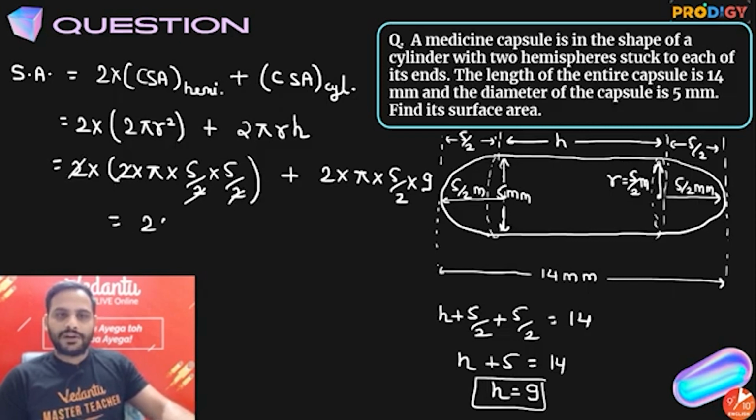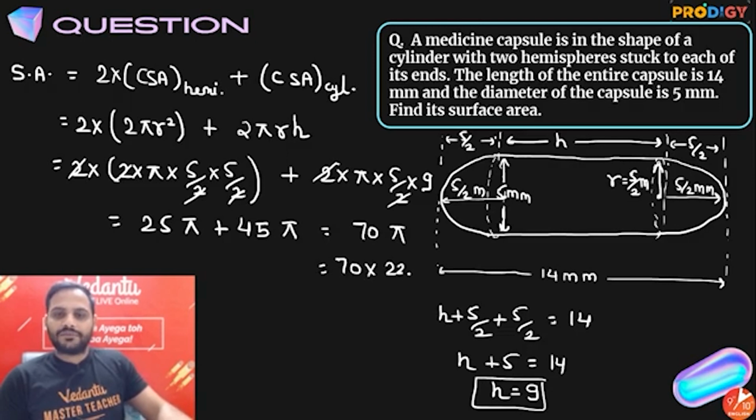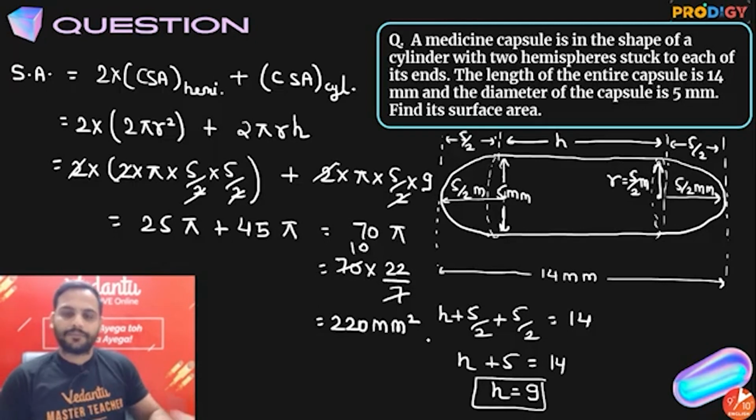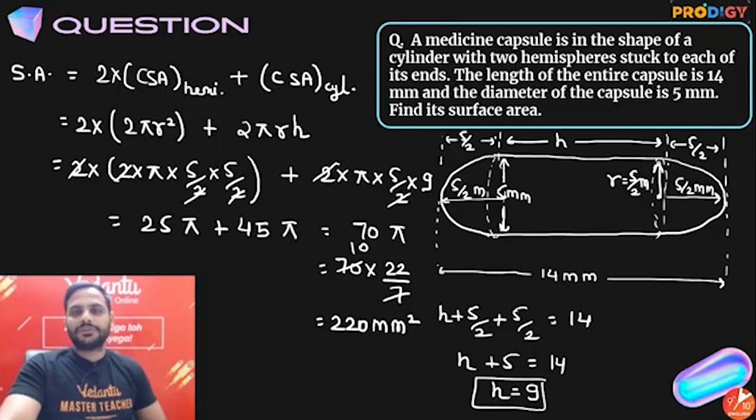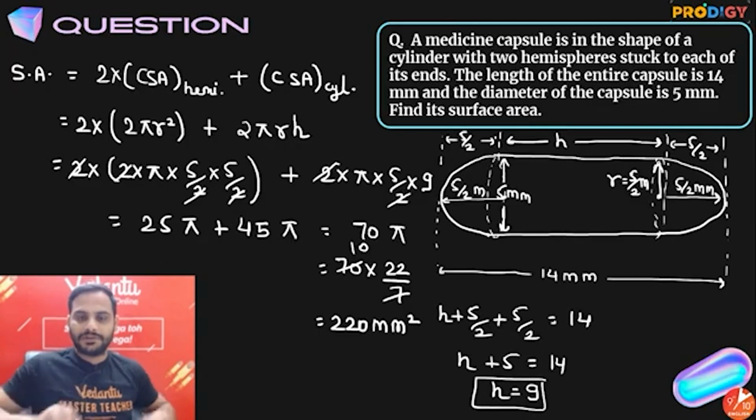We are left with 25 pi plus, 9 5s are 45, which is equal to what? 45 plus 25, that is 70 pi. So 70 into pi is 22 by 7, 10 times, which is equal to 220 millimeter square. The final surface area of this capsule is going to be 220 millimeter square.